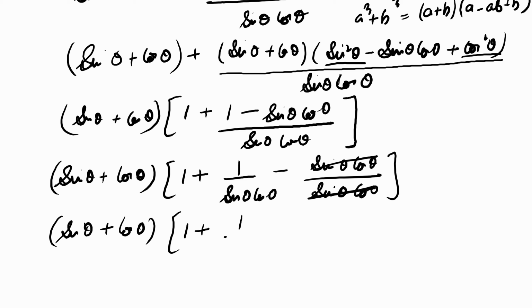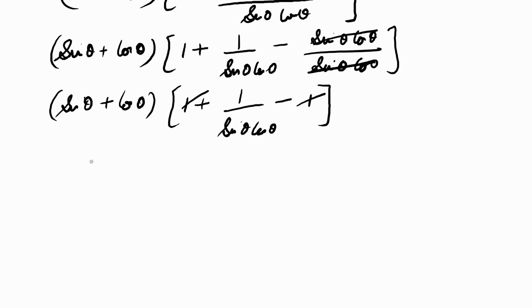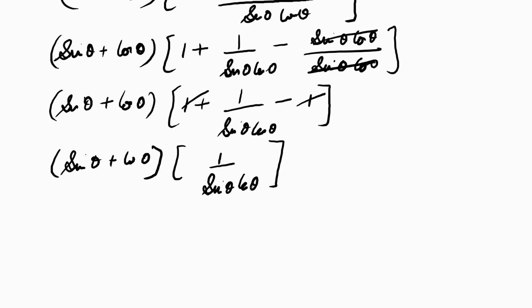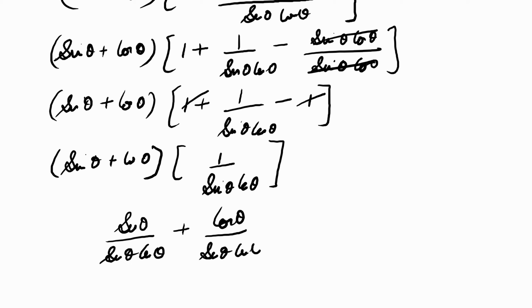So sin theta plus cos theta, 1 upon sin theta cos theta minus 1, plus 1 and minus 1 will cancel out, and then this will become sin theta plus cos theta, sin theta upon sin theta cos theta plus cos theta upon sin theta cos theta.